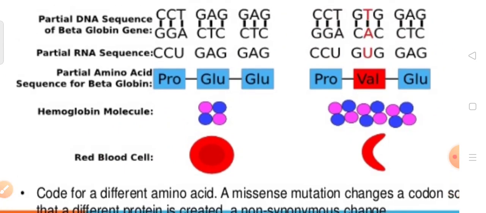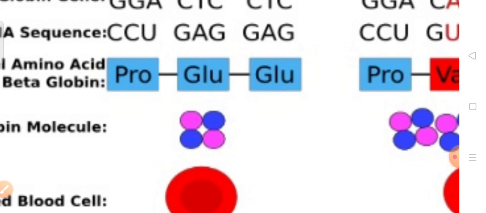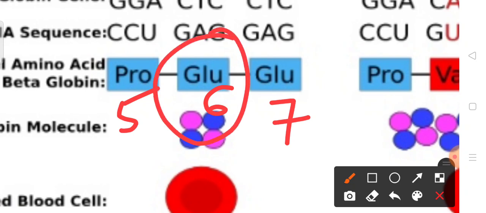If you look at the partial sequence, proline is at the fifth position from the N terminal end, then glutamic acid at the 6th and 7th. So at the sixth position, in people having normal hemoglobin, it is glutamic acid.